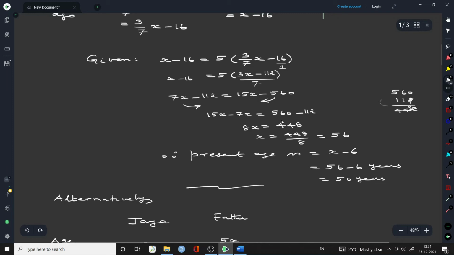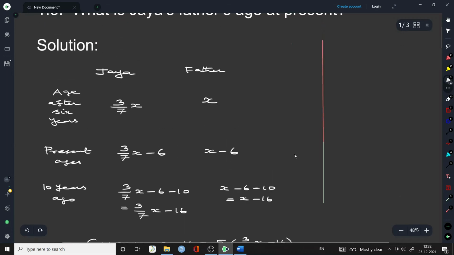Now 560 minus 112 is 448, and 8x is equal to 448, so x is 448 divided by 8, which is 56. So that is the value of x. Now the present age of the father is x minus 6. So 56 minus 6 gives the age of the father as 50 years. That is the age of Jaya's father.